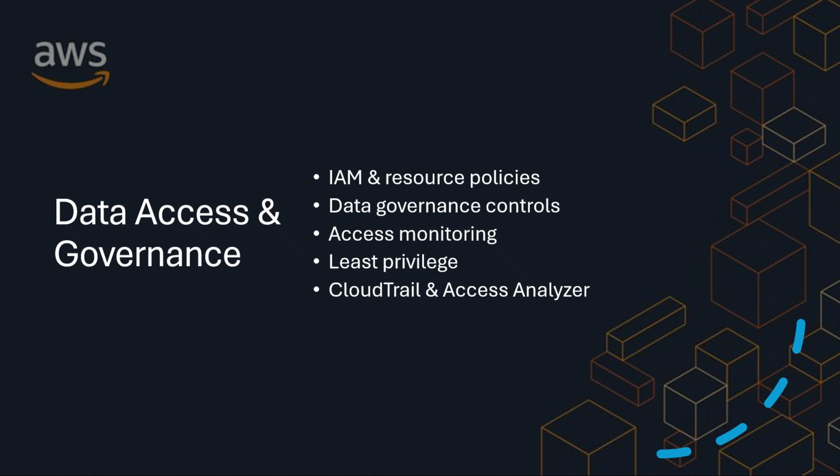Monitoring access is equally important. Services like CloudTrail give you complete visibility into who is performing what actions, while IAM Access Analyzer helps detect overly permissive access or unexpected external sharing. By combining least privilege access design with continuous auditing, you create a controlled and compliant environment where every data interaction is both intentional and traceable.